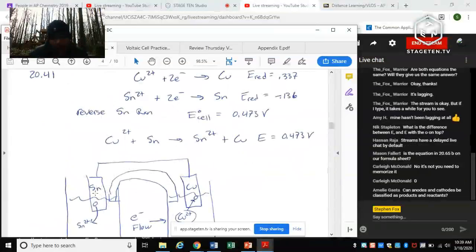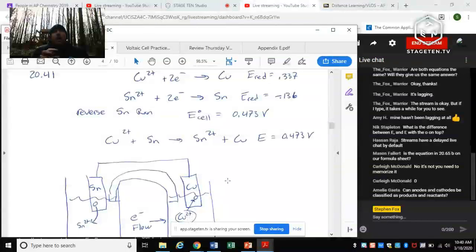So that anode is part of our reaction, okay? And copper was one of our products, and solid copper is our cathode electrode, and so yes, the cathode would be a product of this reaction.